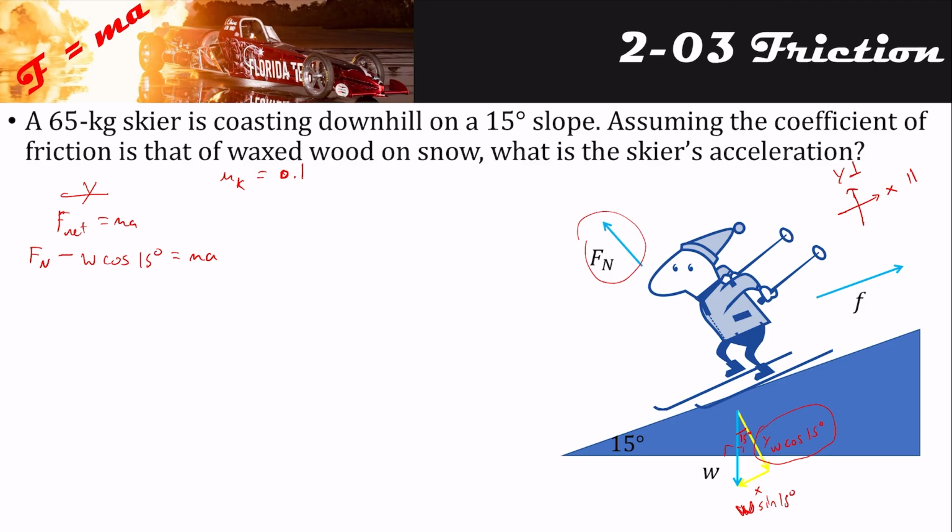We're given the mass of our skier, so weight is mg. And we have no acceleration in the y. We're not leaving the snow up into the air, and we're not digging a hole into the snow. We're staying along the surface of the snow. So my normal force will equal mg cosine 15 degrees.